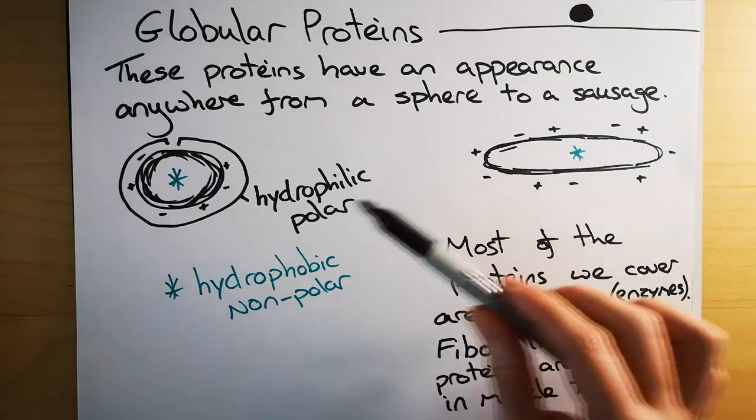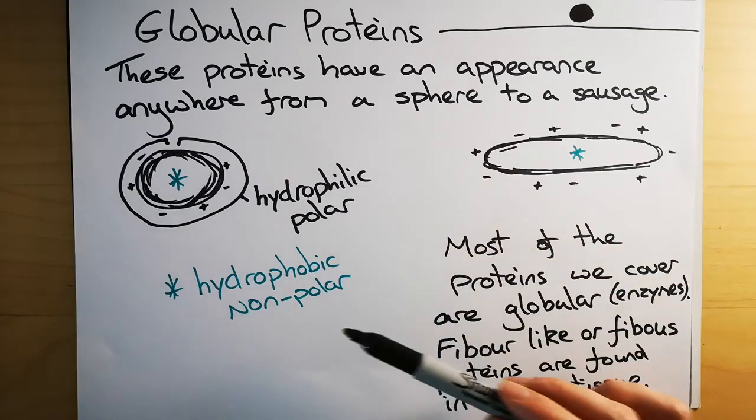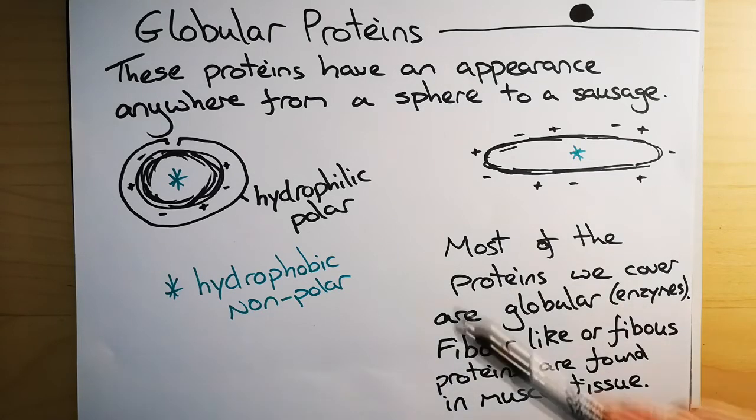So once again, this concept of polar and non-polar comes in to creating our structure. What we're going to go on to next is seeing how these globular proteins, with their polar and non-polar sections, interact at the cell membrane to give us cell membrane proteins, and how they anchor themselves into our cell membranes. This will start to build up the picture of what our cell membrane really does.